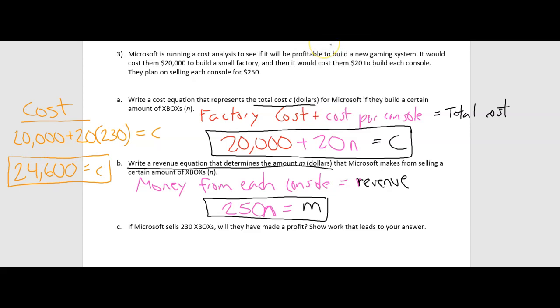Now let's look at the revenue, rather. So the revenue is 250 times 230. So 250 times 230, that gives us 57,500.